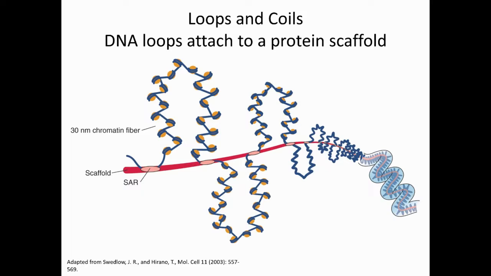But one thing is the attachment point where the 30 nanometer chromatin fiber attaches to the scaffold. That place we call SAR, the scaffold attachment region. The SARs are only in the non-transcribed region of the DNA.